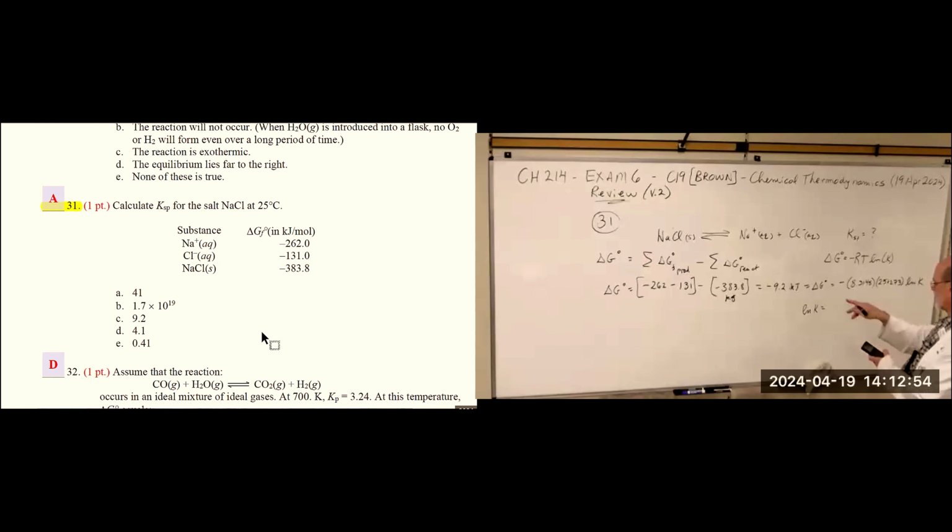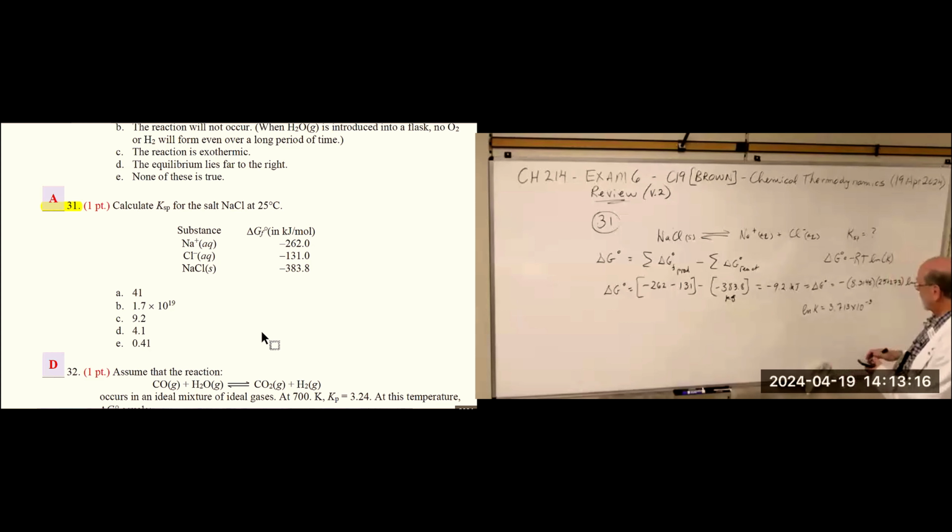And so minus 9.2, I already got it in here, minus 8.3145, divide it into that, and then divide this into it, which is 298. And I get 3.713 times 10 to the minus 3.